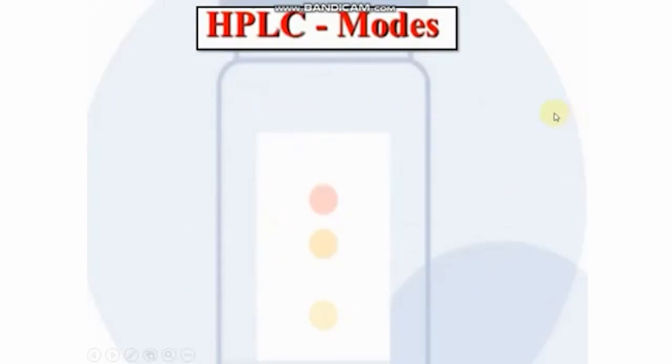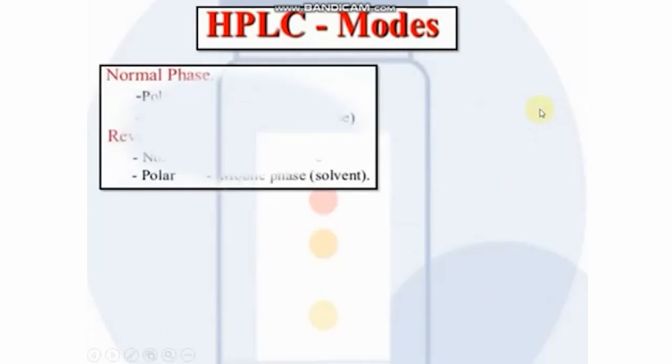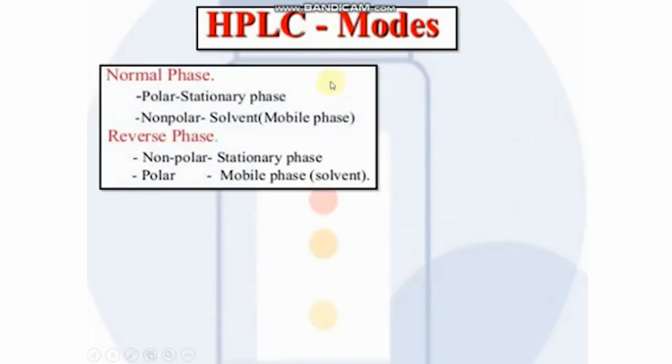Then what are the different HPLC modes? First, HPLC can be classified by the phases, that means by the stationary phase or mobile phase.